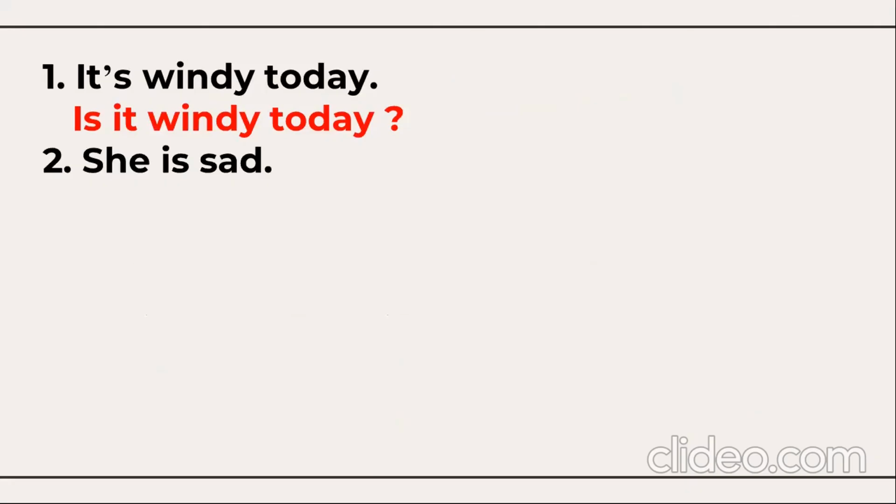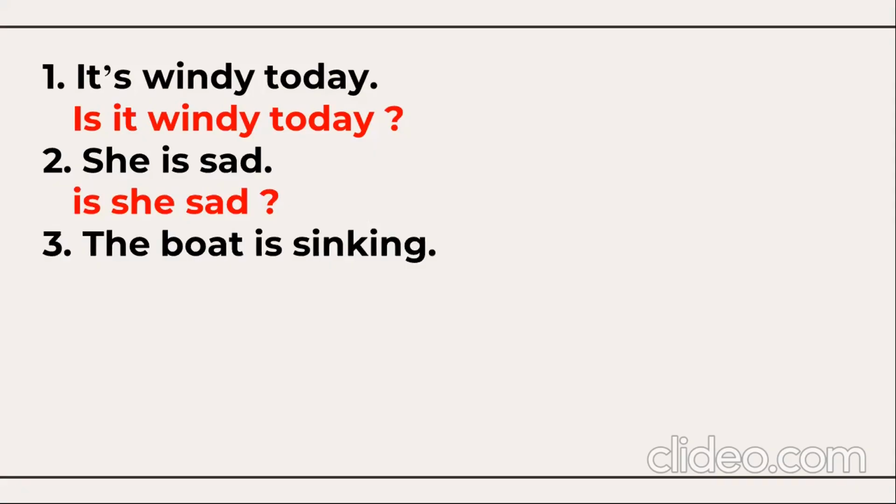We have the helping verb is, so: is she sad? When the helping verb is given in the sentence, it's very easy to form a yes or no question. The boat is sinking. Is the boat sinking? The helping verb should come first, then the subject, then the main verb, and the remaining information.